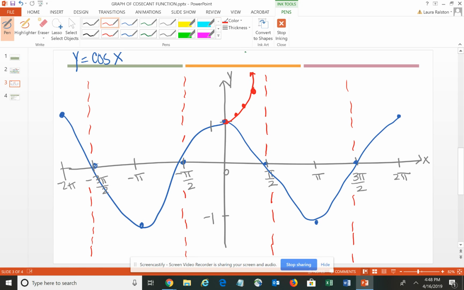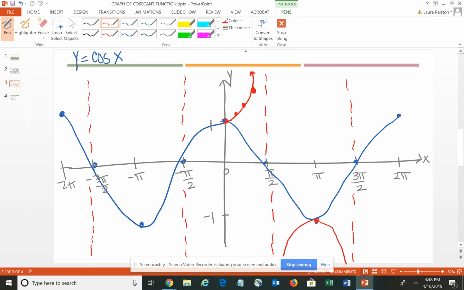Again, think about flipping that curve. If you go between the asymptotes and you have -1, think about that curve flipping over as the reciprocal, and then you have this other half of the curve. If I go the other way, if I flip this up, and then I flip this one down, you have to stay between the asymptotes.